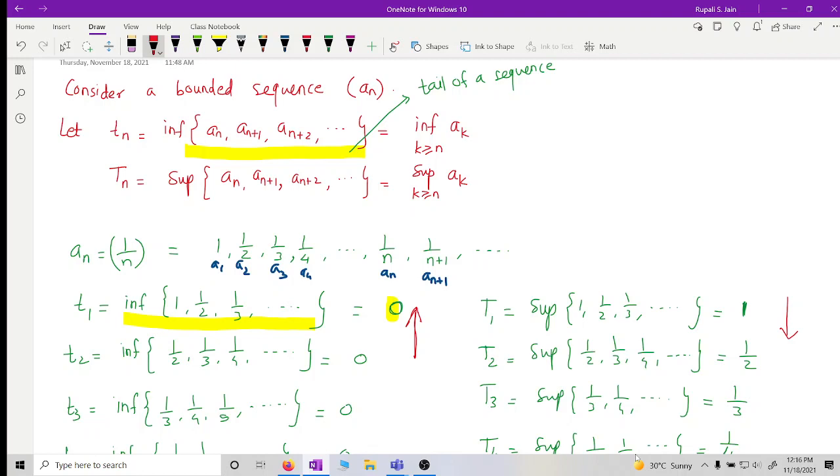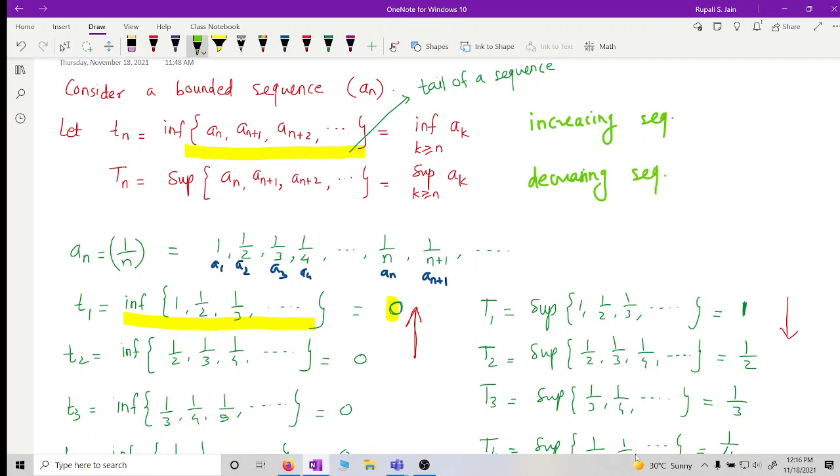infimum we are taking, and some elements we are removing, so it must be an increasing sequence, right? So small tn is an increasing sequence, and capital Tn is a decreasing sequence.